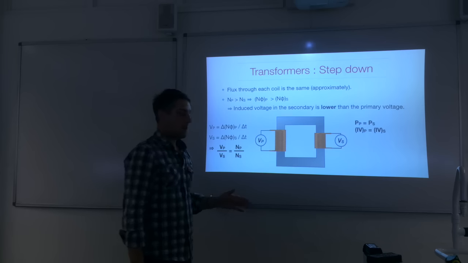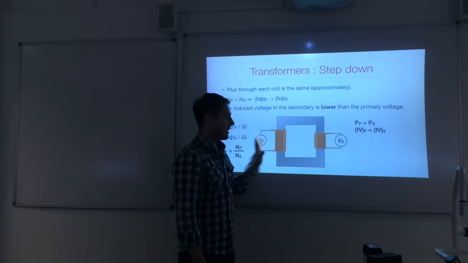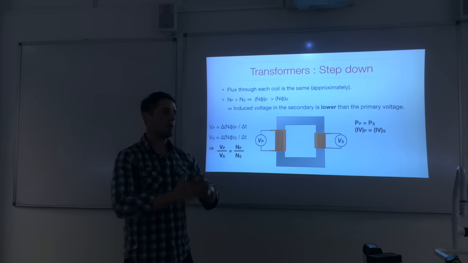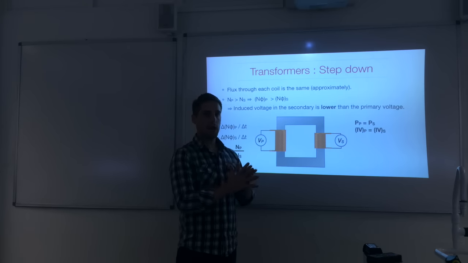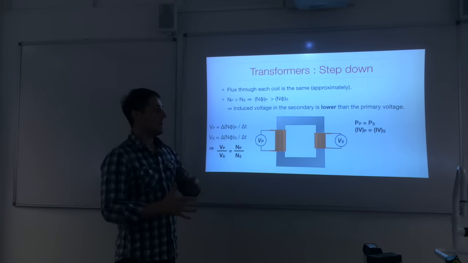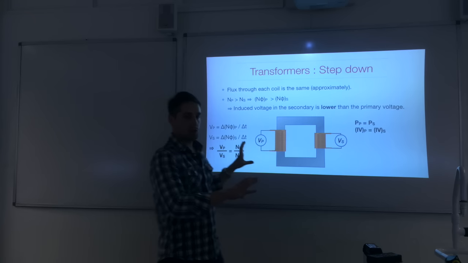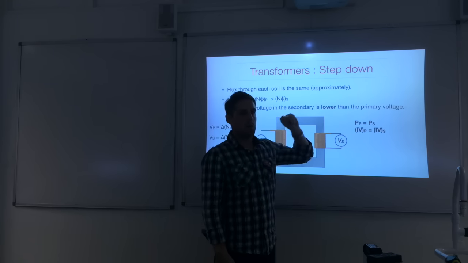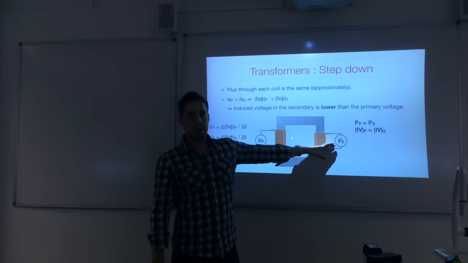The power input is equal to the power output, okay? So even though the voltage is reduced, we're not losing energy along the way in terms of the actual function of the transformers. So the power input is equal to the power output.